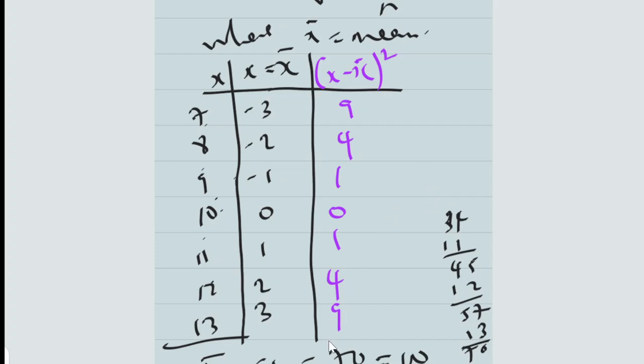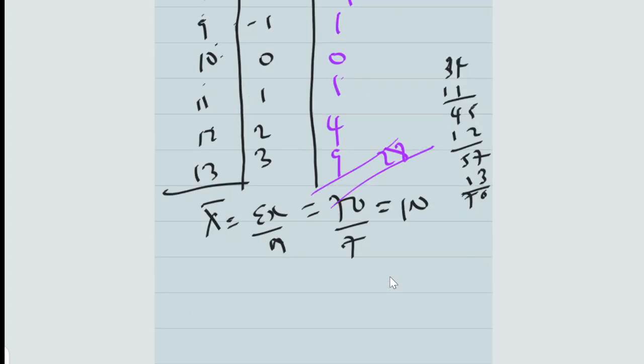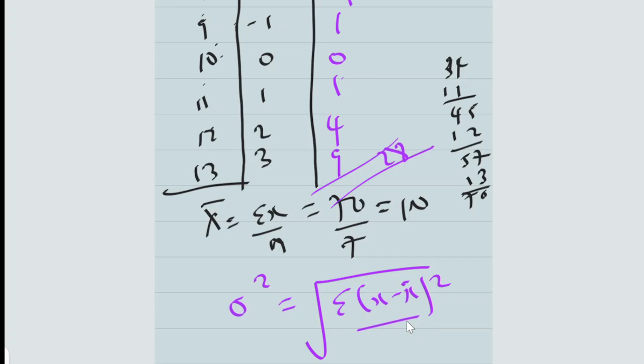So then you now find the sum of these. Let us find the sum. What is the sum? 9 plus 4 is 13, 14, 15, 15 plus 4 is 19, 19 plus 9, I think that's 28. So then you have summation. Recall the formula is the square root of summation of x minus x bar, everything squared, divided by n.